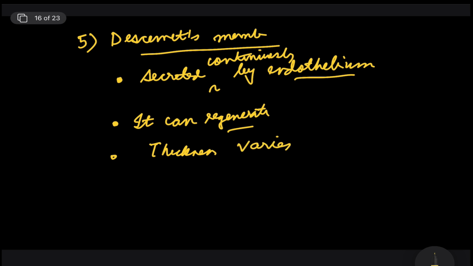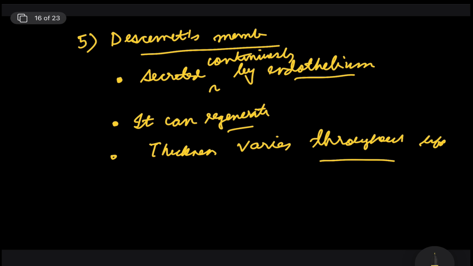In childhood it is thinner. As we age, it gets thicker because the endothelium is continuously secreting it, and with this the thickness keeps on varying.